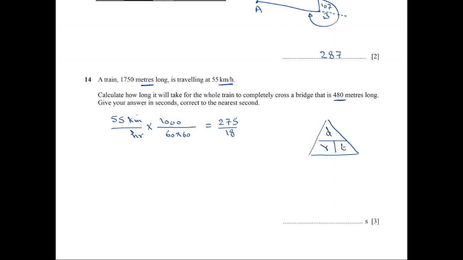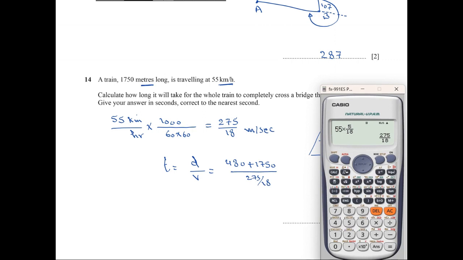To find the time, time is equal to distance over velocity. The total distance is 480 meters for the bridge and 1750 meters for the whole train to pass the bridge, over 275 over 18 meters per second.